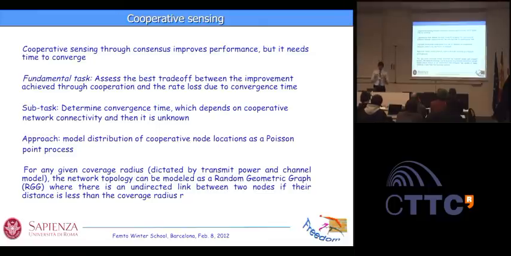Let's suppose we have this network of people who want to cooperate, and let's suppose that I am connected with everyone. I have a direct link with every one of you. So at that point, I can exchange my data with every one of you. After one slot, or the slots necessary for you to send me this data, I'm done. Because I have all the data, I just take the average, very simple.